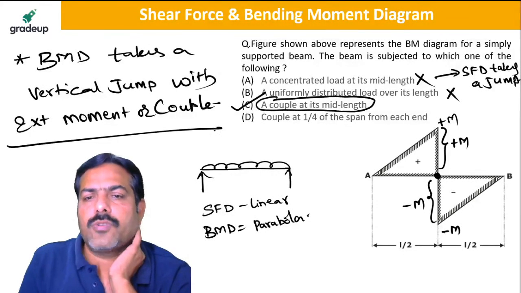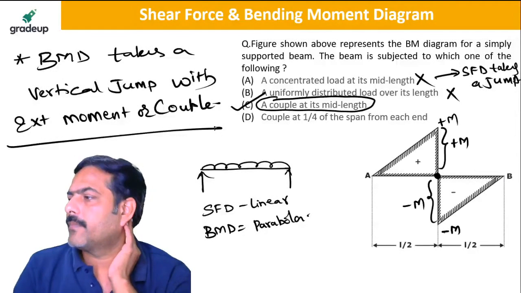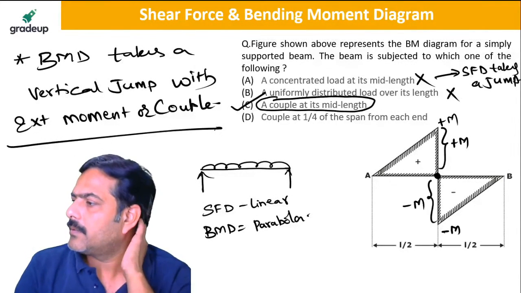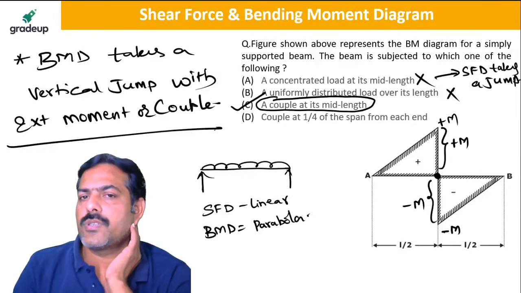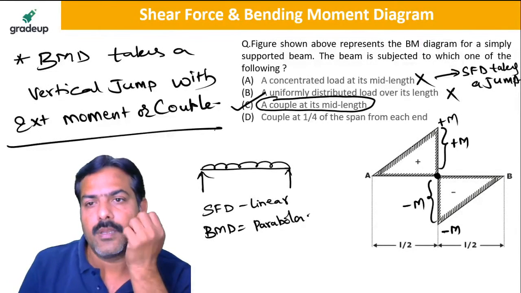It means there are two values of the bending moment. So C is the right answer to this question.